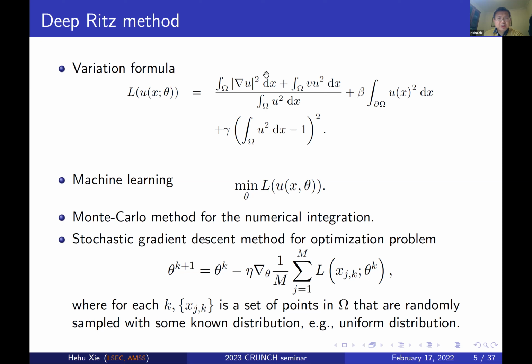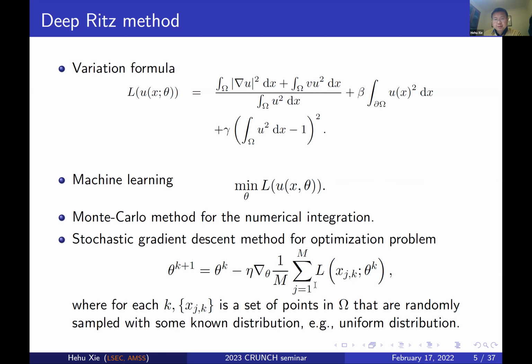This step requires high-dimensional integration, so they use the Monte Carlo method coupled with stochastic gradient descent for the optimization. These two can be coupled well to solve this type of partial differential equation.